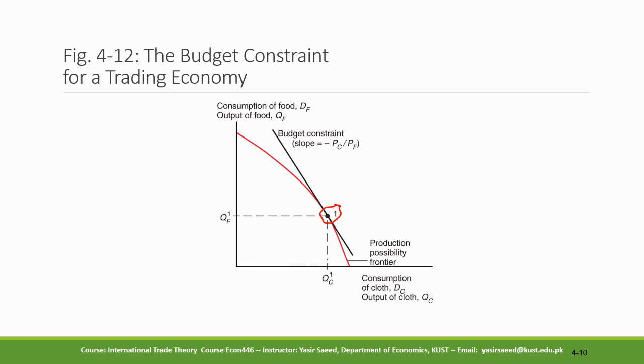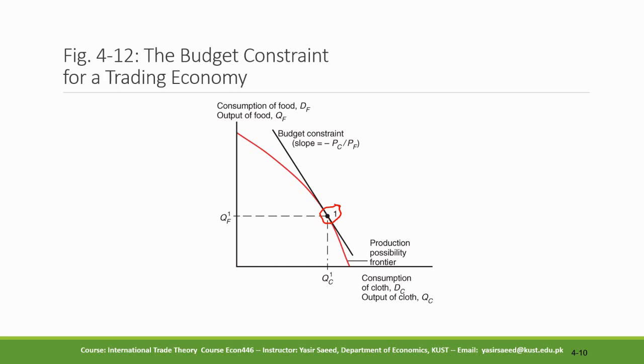The entire red line is our production possibility frontier. On this red line we will be using our resources efficiently, but there is only a single combination of QF and QC which gives us the maximum value, and that is equilibrium 1.